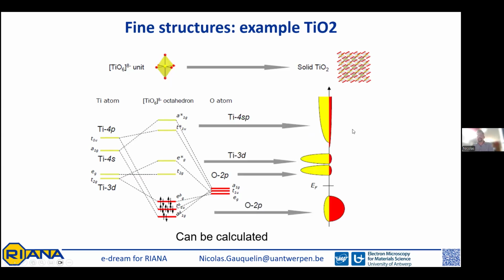And what you can do is look at the different occupation of those levels. From those occupations in terms of energy, you can get the following unoccupied states distribution, which will give you the same shape as your EELS fine structure.